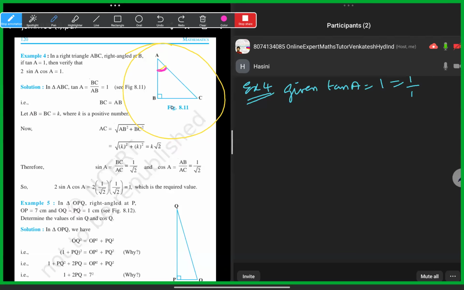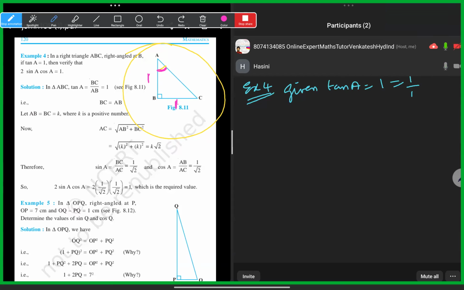For that angle A, perpendicular will become BC, opposite side. Adjacent side will become how much? 1 by 1, 1 only, sir.